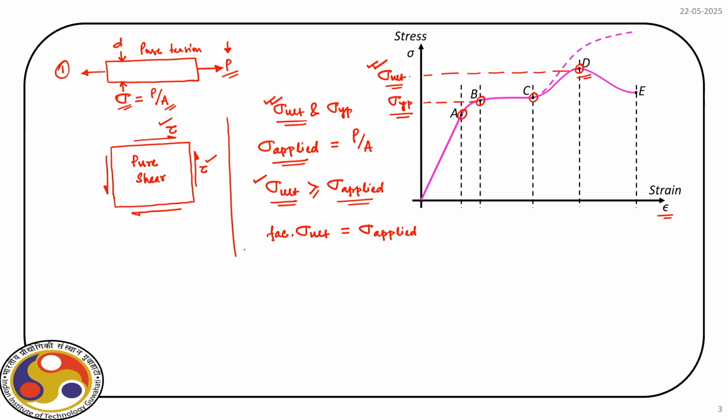So, now normally we have a factor, say n, this is called factor of safety. Say n. Obviously, the modified equation will be sigma ultimate divided by n is equal to sigma applied.